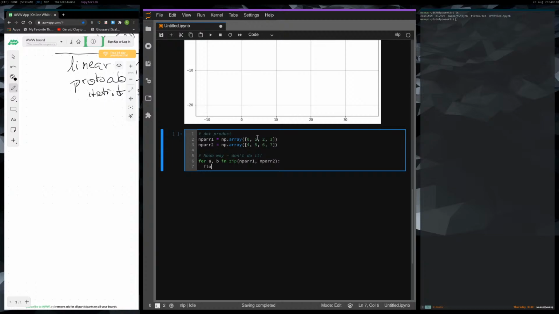I'm going to call it flavor 1, one way of doing it. And let's just do A times B. Avoid this like the plague. If you can, stay away from for loops in data science. They're slow. Don't do it this way.